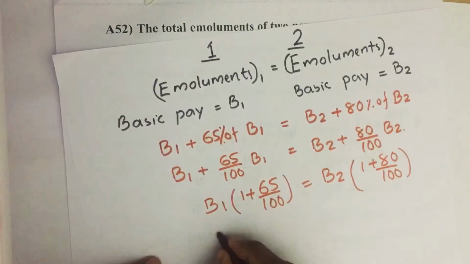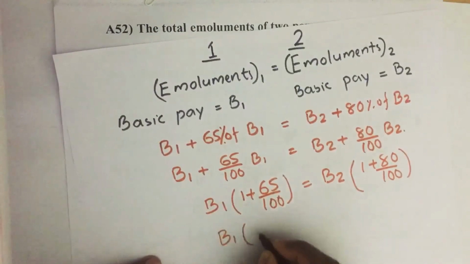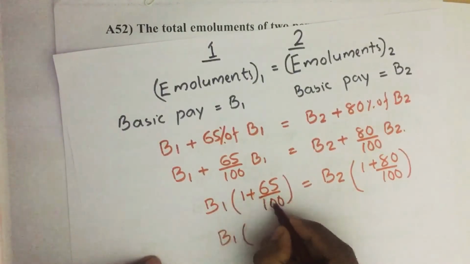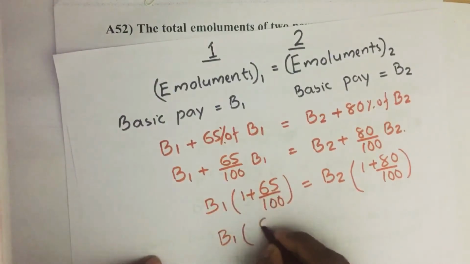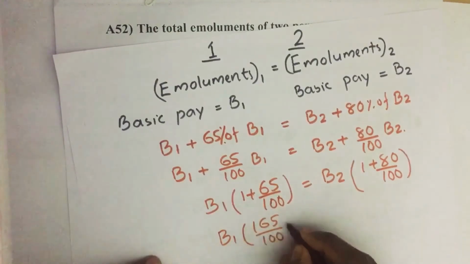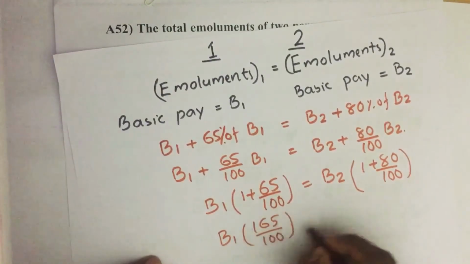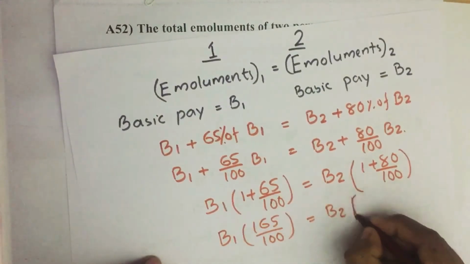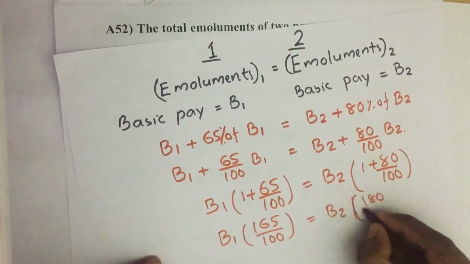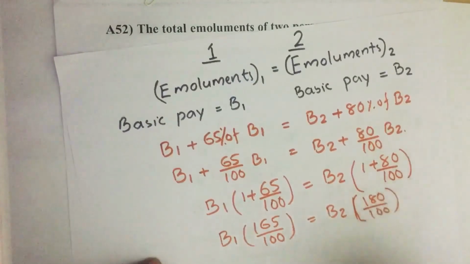Then after simplifying this, B1 into 100 plus 65 divided by 100, so 165 divided by 100, equal to B2 into 180 divided by 100.